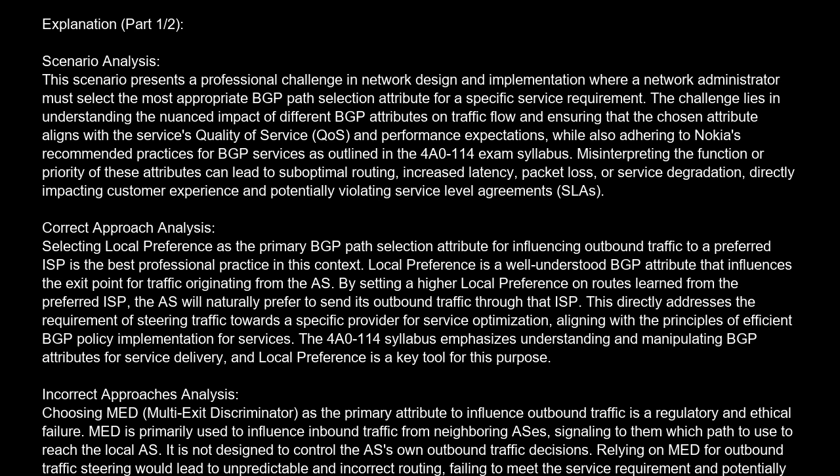This directly addresses the requirement of steering traffic towards a specific provider for service optimization, aligning with the principles of efficient BGP policy implementation for services. The 4A0-114 syllabus emphasizes understanding and manipulating BGP attributes for service delivery, and local preference is a key tool for this purpose.